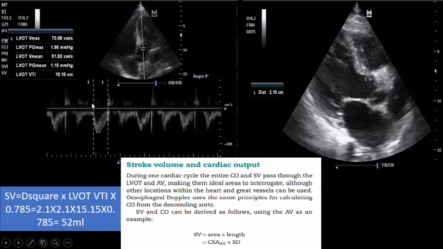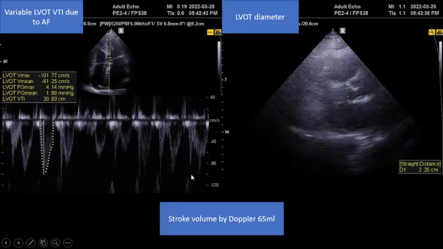After tracing the LVOT VTI and measuring the diameter of the LVOT, very easy, stroke volume equals the left ventricular outflow tract diameter squared, multiplied by 0.785, multiplied by LVOT VTI. We did this for our patient.